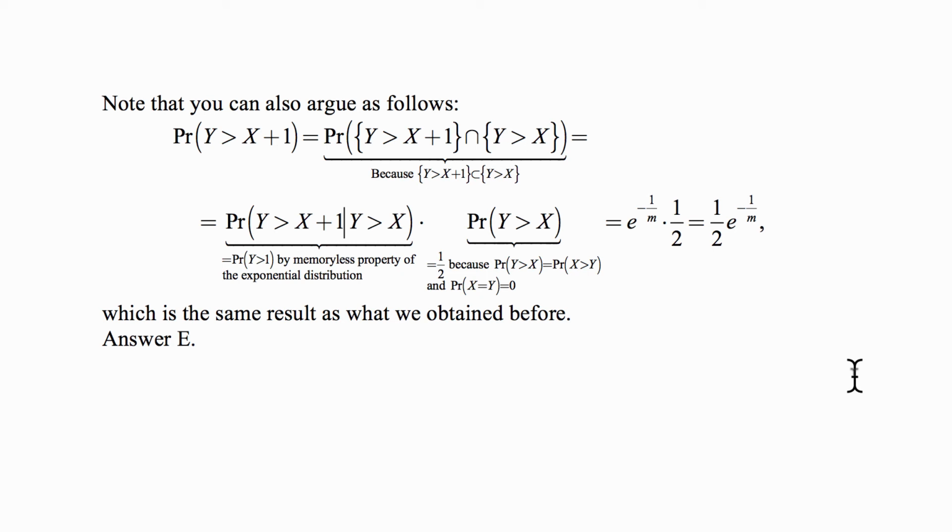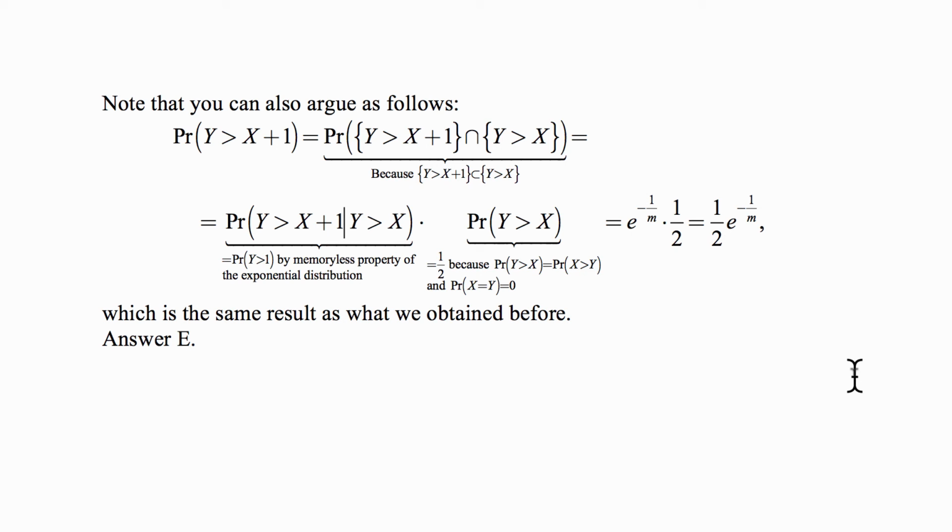Of course, if y is more than x plus 1, then it's more than x, because the first set is a subset of the second. So the intersection is just the first set. And then we write this as the probability that y is more than x plus 1, given that y is more than x, times the probability that y is more than x.